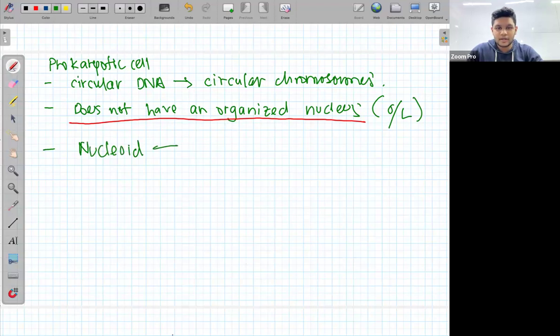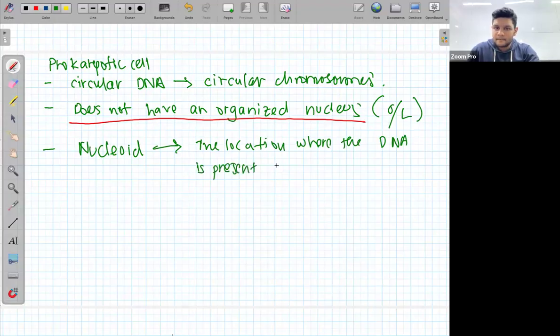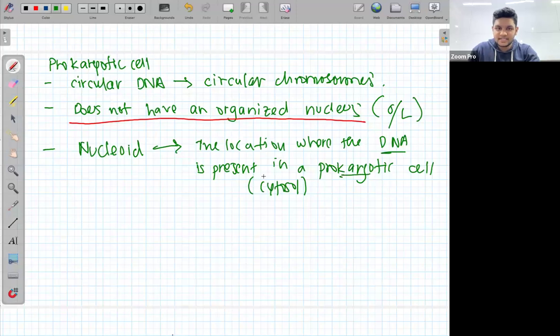So, what is this nucleoid? Nucleoid means the location where the DNA is present in a prokaryotic cell, which means in cytosol, the specific location where the prokaryotic DNA is present is called the nucleoid.